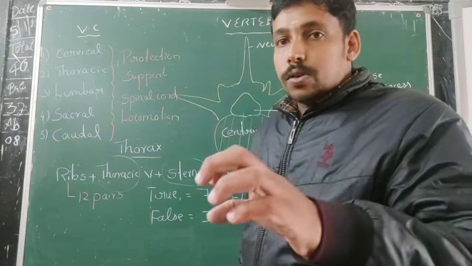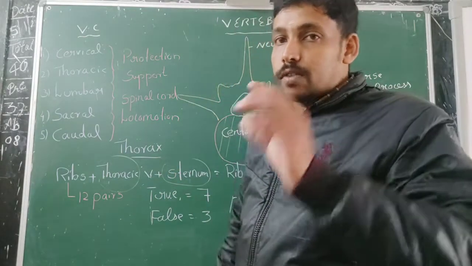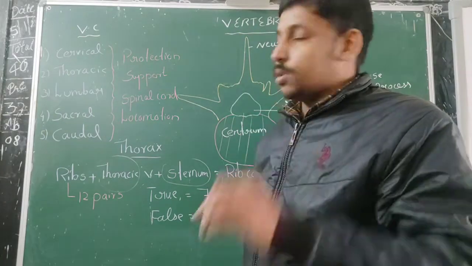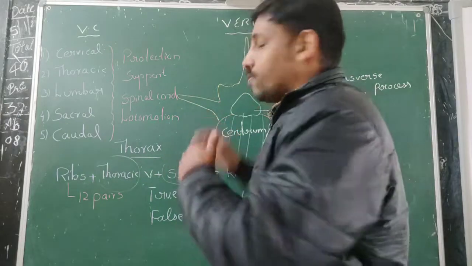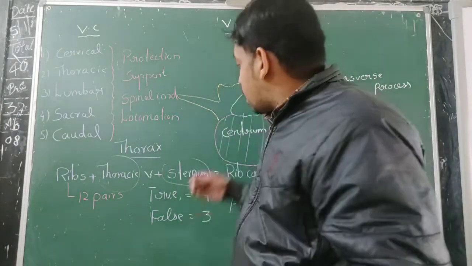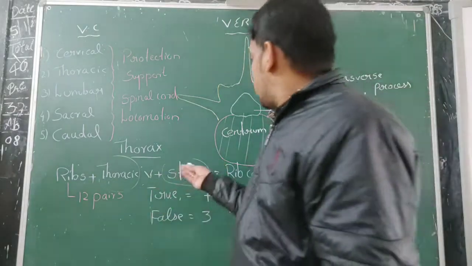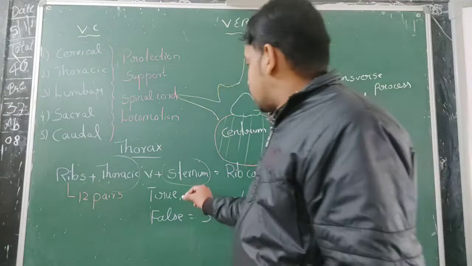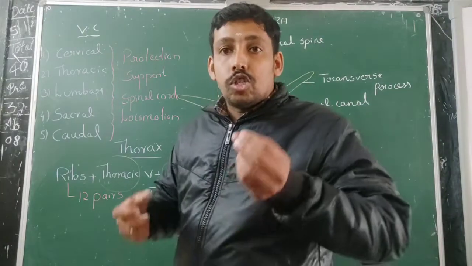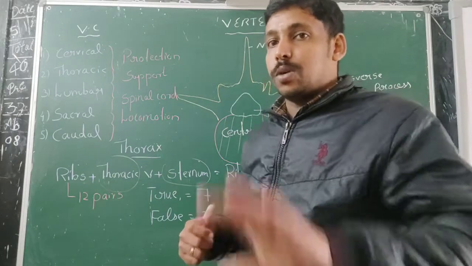Some of the ribs, the first 7 pairs, have an attachment at the back to the thoracic vertebrae, and at the front these ribs are joined with the sternum. Such ribs are known as true ribs, because they are joined to the sternum in the front. At the back there is the thoracic vertebra.